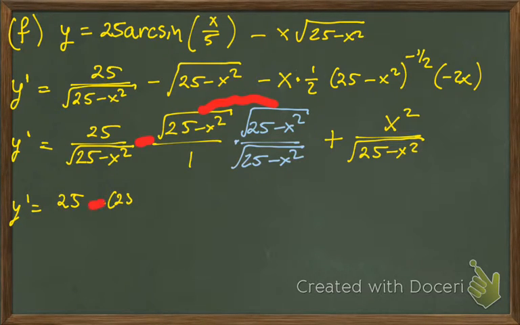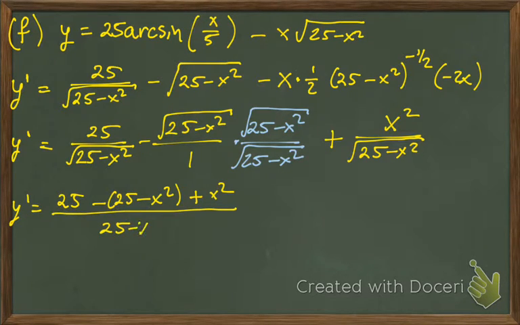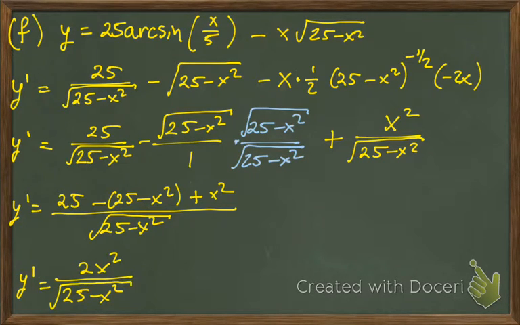We've got the minus right there: 25 minus 25 minus x squared, and then plus x squared, all over the common denominator. The 25s are going to absorb, the first x squared is going to become positive, so we have 2x squared on the top. So we have 2x squared over the square root of 25 minus x squared, and that would be the derivative.